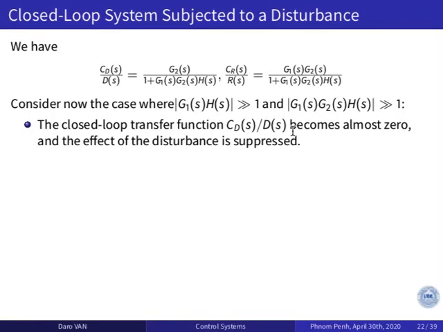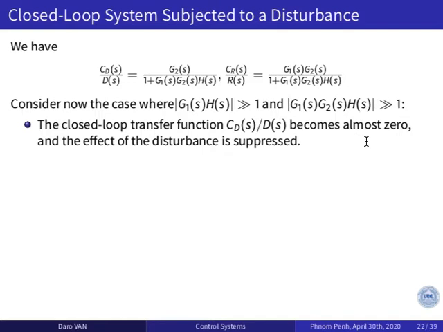If we consider this case and this case, then the closed loop function, this one, will become almost 0, because this is very big, much greater than 1. When this value is very large, this ratio will become almost 0. So the effect of disturbance is suppressed.